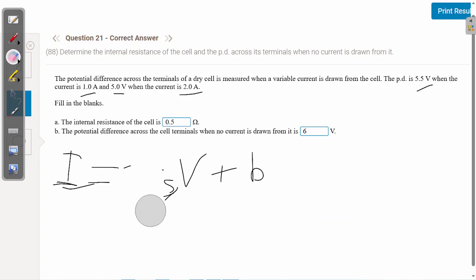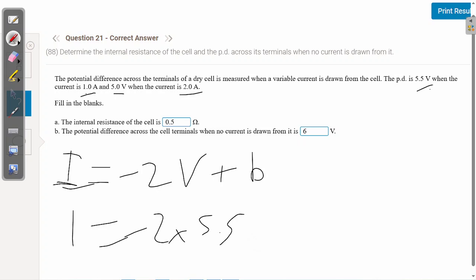Negative 1 over 0.5 is negative 2, negative 2V. And now they want the potential difference when no current is drawn. First, we need to find b. Let's substitute a point. We have 5.5 and 1. So 1 is equal to negative 2 times 5.5 plus b. 1 is equal to negative 11 plus b. So b is equal to 12.